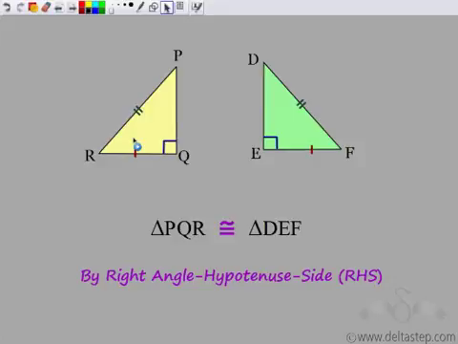So these were the different ways in which it is sufficient to show that the triangles would be congruent.